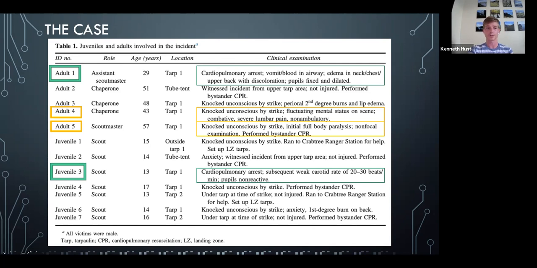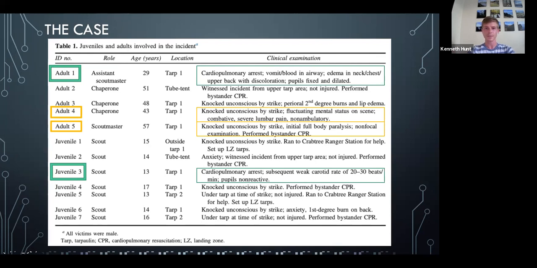And then the 2 others, adult 4 and 5, these were the 2 other people who were seriously injured at the time. Adult 4 initially actually received CPR, but made a full recovery later on. But he was the one they were initially trying to get to the helicopters when they took off immediately, and this was due to the miscommunication or lack thereof because of the storm.